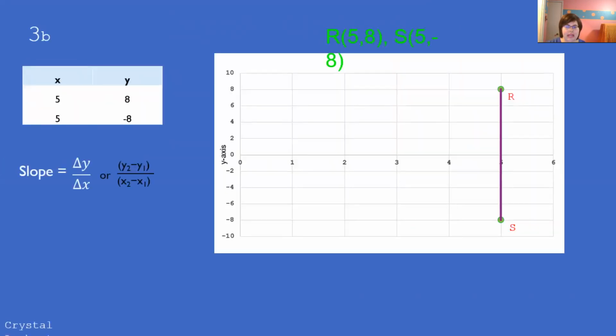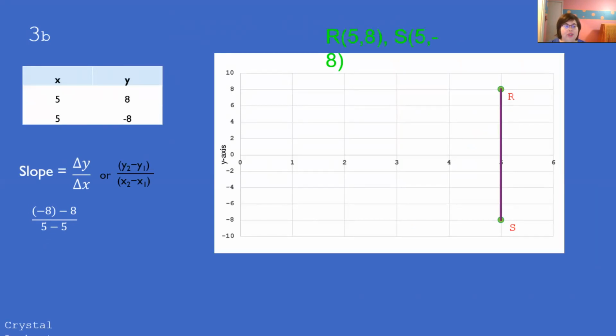And we do the same thing for this one. We're given points. Now on this one, we notice that our line is vertical. And my brain automatically says, there's no rise over run, right? There's no run. It's not running anywhere.